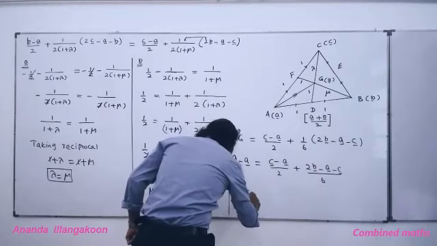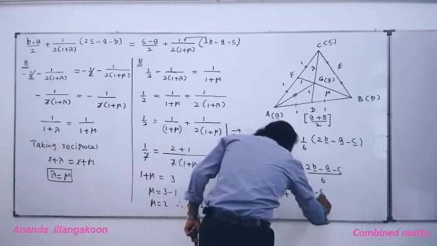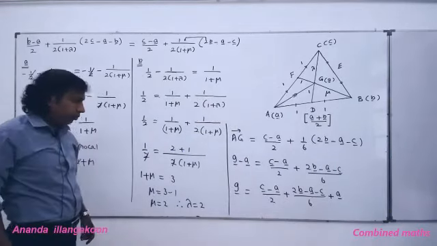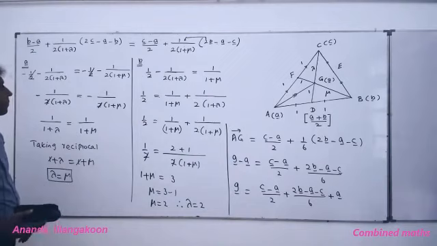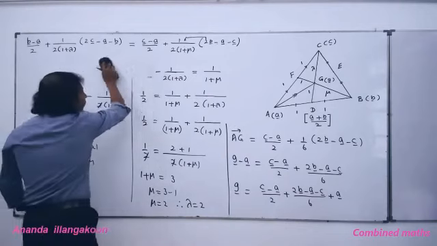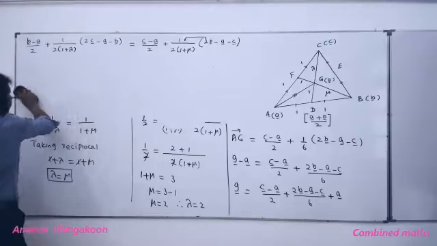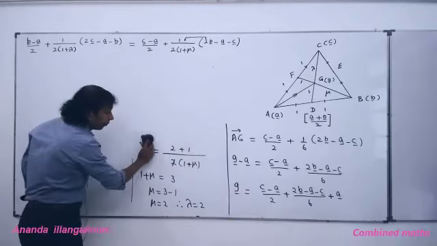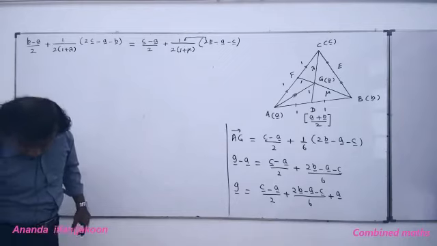The G vector is now C minus A divided by 2 plus 2b minus A minus C by 6 plus A. Take the common denominator 6, people, and simplify that.